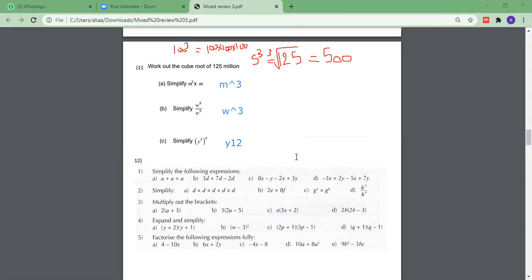Okay, let's see if we are going to be able to solve this. a plus a plus a equals 3a. 3d plus d equals 10d minus 2d will be 8d. 8x minus 2x will be 6x. Negative y plus 3y will be plus 2y.